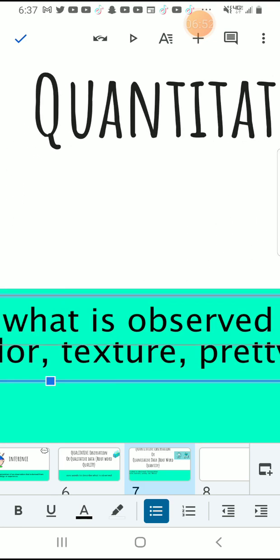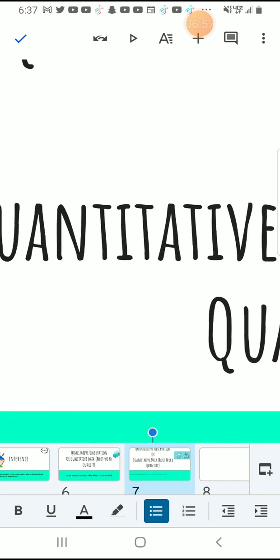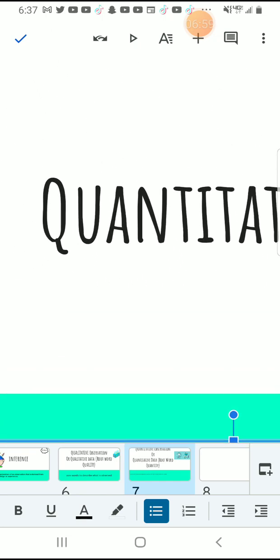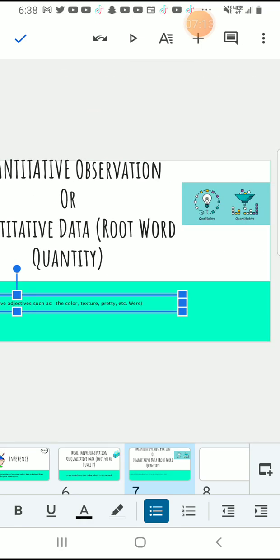If you describe using numbers, then it's quantitative. So on fish, sometimes you would count how many scales it has along its lateral line, how many dorsal fin spines it has, how many dorsal soft rays it has, things like that, or how many barbels it has on it. Those are quantities.